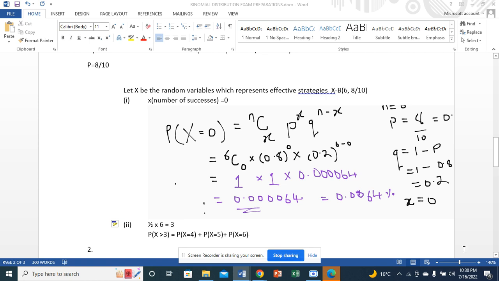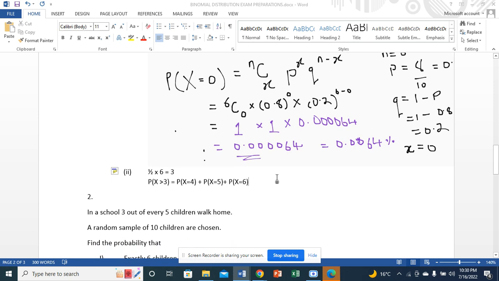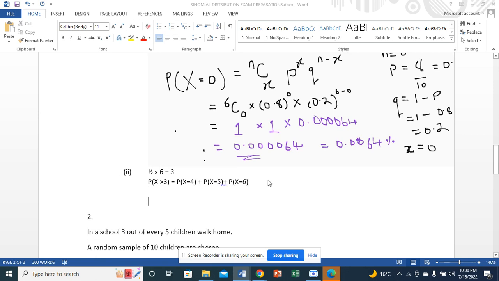We'll have to solve them each individually, then add them together. So we start with P(x equals 4). Let me take it to the board.